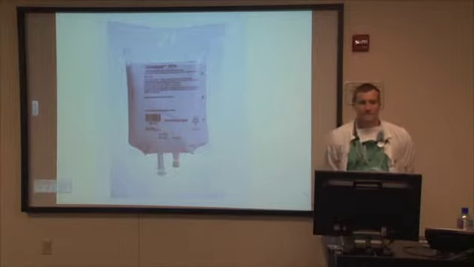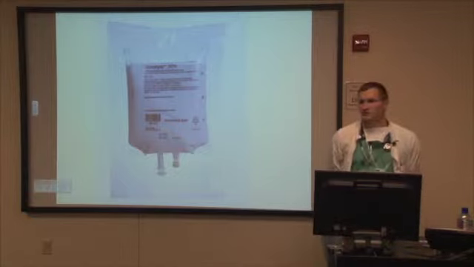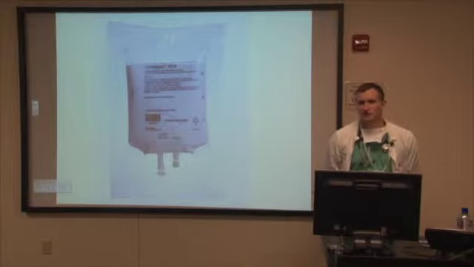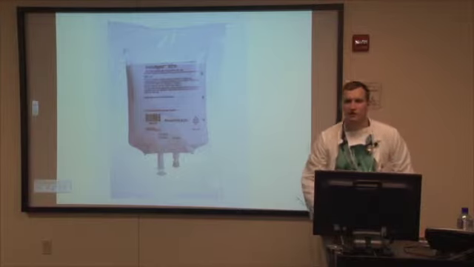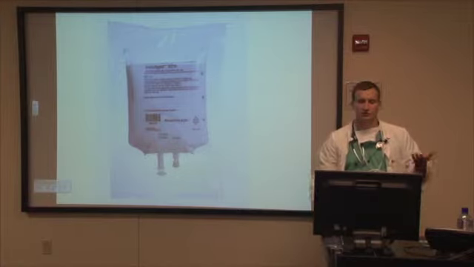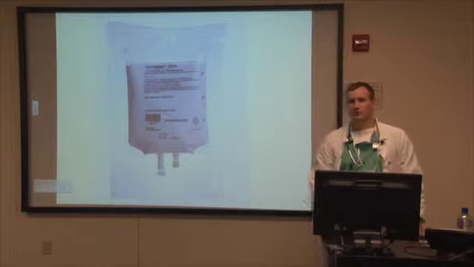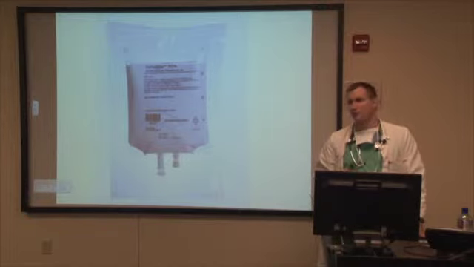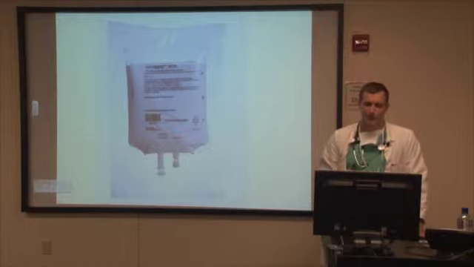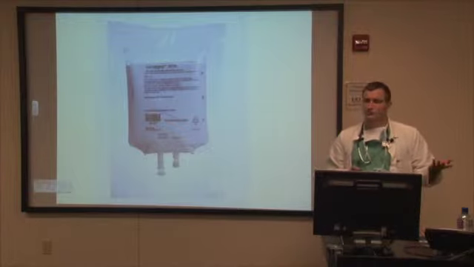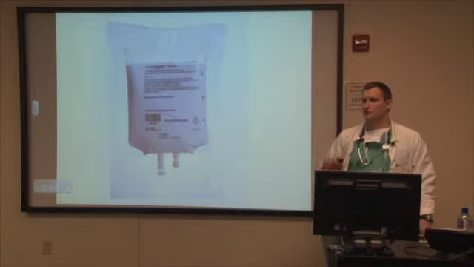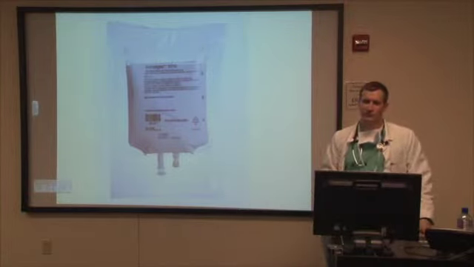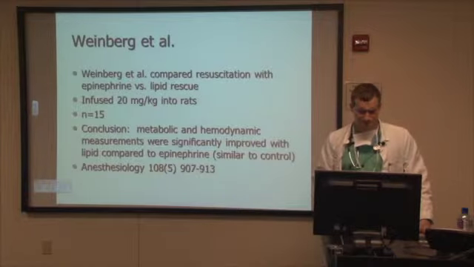But intralipid is simply a TPN mixture. Okay, it's something that you typically give to a patient who needs some TPN. They're not going to be able to eat for a while. It contains a lot of lipids, and it's white. It looks almost just like our propofol. Intralipid is what has emerged as the lipid treatment of choice in terms of bupivacaine-induced cardiotoxicity.